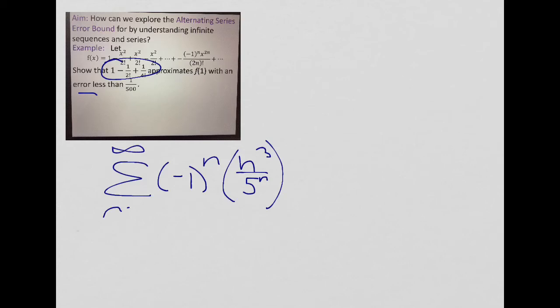So I found this alternating series. You could take any one that you want. This is just the notes that I have. Maybe this is a practice problem that I gave you in class.